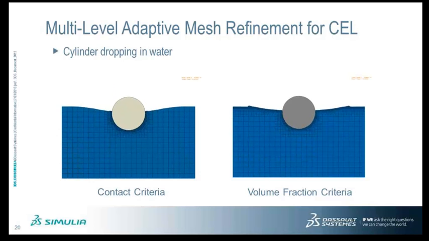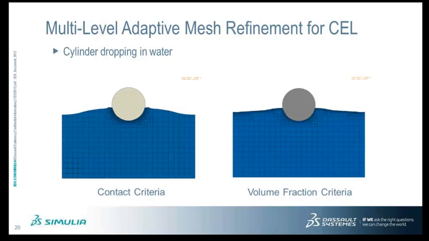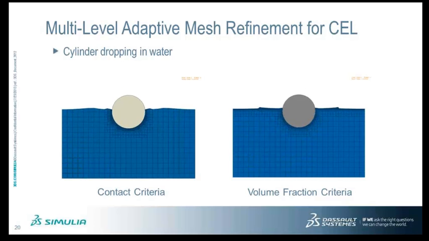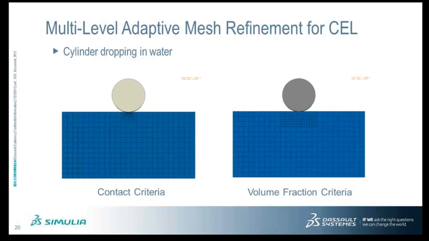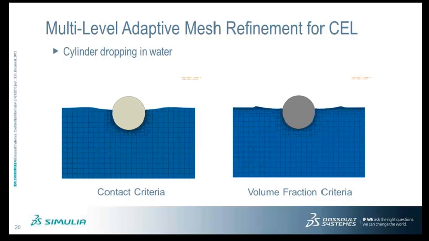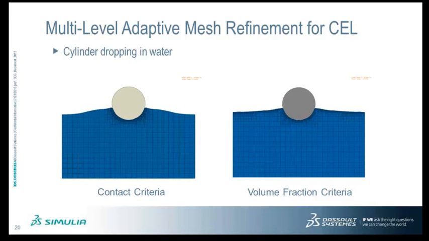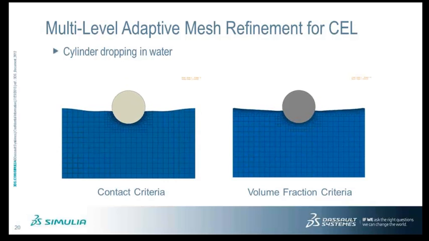So you get a fairly fine mesh right around that contact area, but away from it, it's still a relatively coarse mesh. And in the animation on the right, we're using volume fraction. So any place there's an interface between the water and air, or water and the Lagrangian domain, we are refining the mesh. So we have a number of different criteria that you can use for mesh refinement.